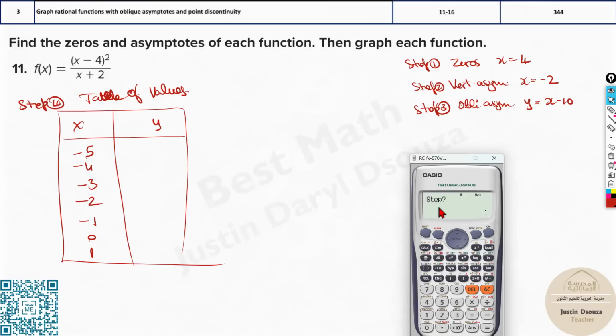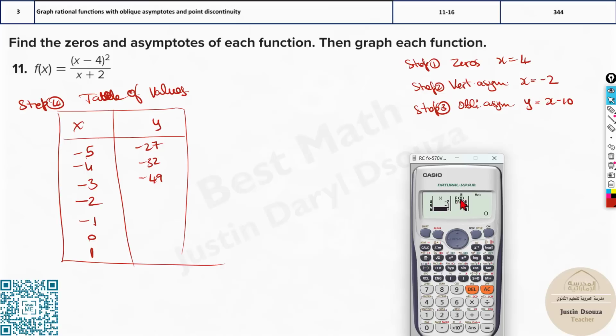So what is the step? To get a more accurate graph, you can take the step of 0.5, but I'll just take 1 for ease. It'll be easier, the table. Now all you do is write the y values. Minus 5 is minus 27, minus 4 is negative 32, negative 49, and then you need to just see all the values.